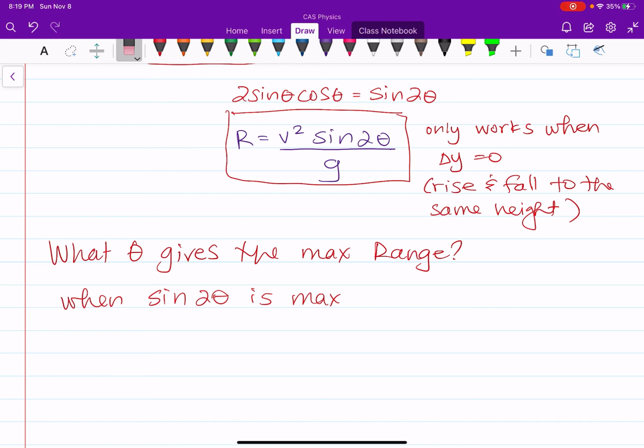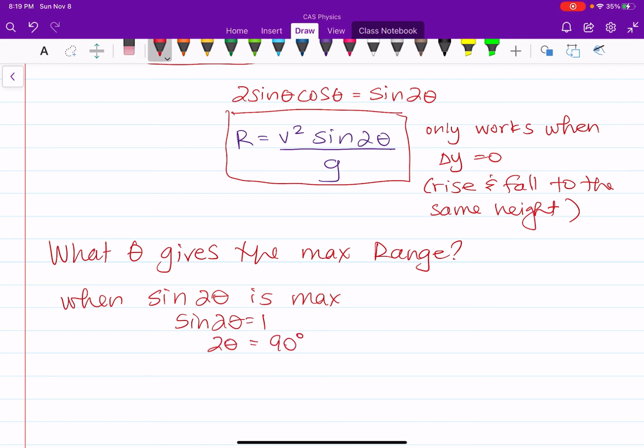Well, the maximum value the sine of anything can be is 1, right? So when sine 2 theta equals 1, at what angle is sine equal to 1? It's 90 degrees. So that means 2 theta equals 90 degrees.